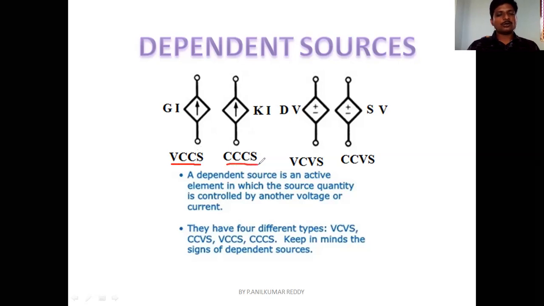Similarly, current controlled current source can also be called current dependent current source. Similarly, voltage controlled voltage source can be called voltage dependent voltage source. Also, current controlled voltage source can be termed current dependent voltage source. So you can have their names as dependent instead of controlled. Both are same.